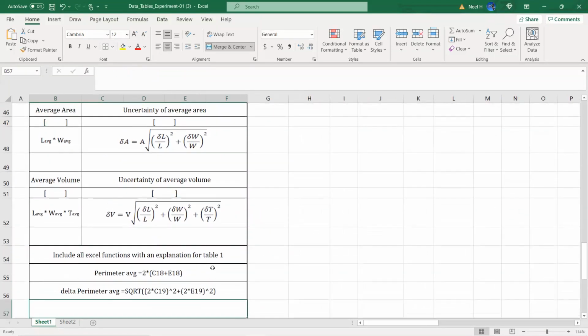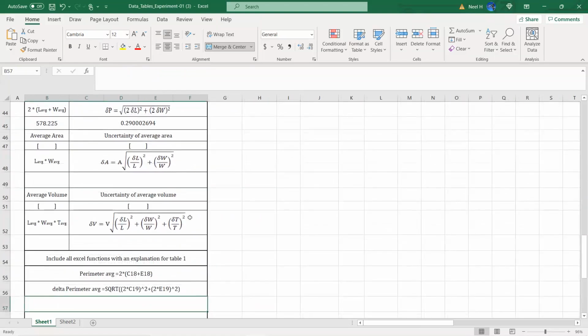Now, that number has many significant figures, which looks bad. So I need to cut down, because the error does not reflect significant figures. The error is actually compared with the number itself. So I'm going to cut everything down to 3 decimal places. Anything more than that is not very meaningful.